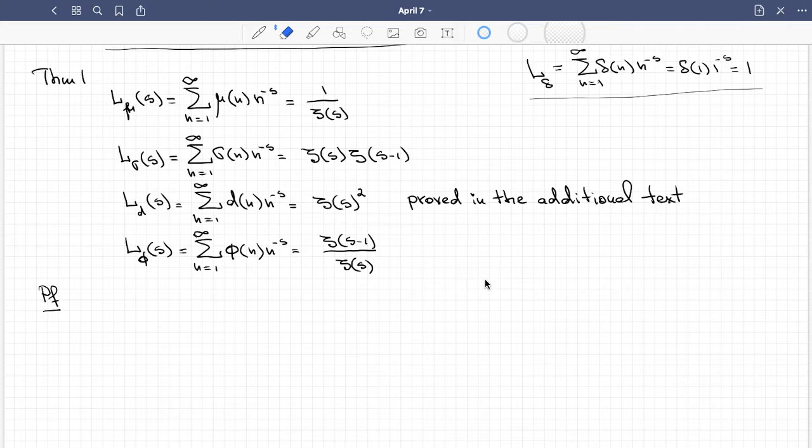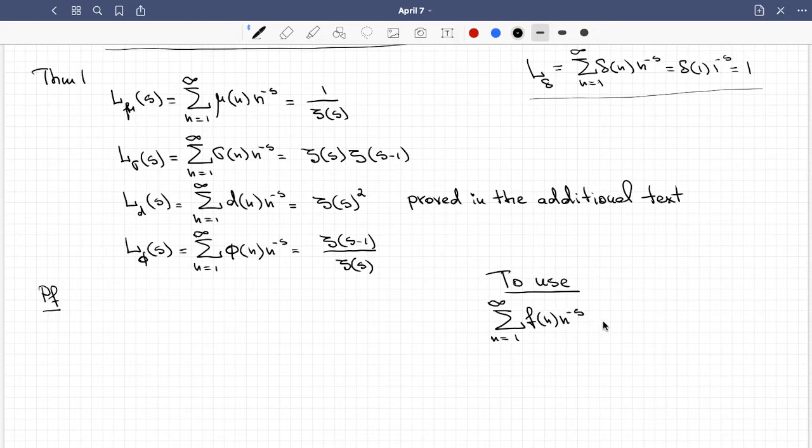So I will use: the sum from 0 to infinity of f of n to the minus s is equal to the product over all primes, the Euler product decomposition, of the sum as m runs from 0 to infinity of f of p to the m over p to the ms. We will use that.